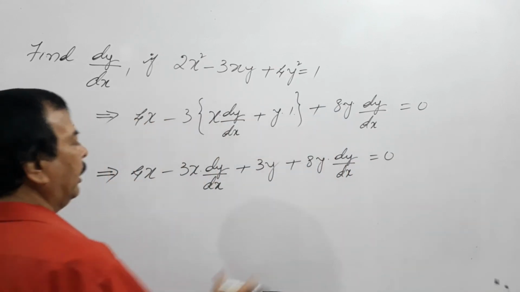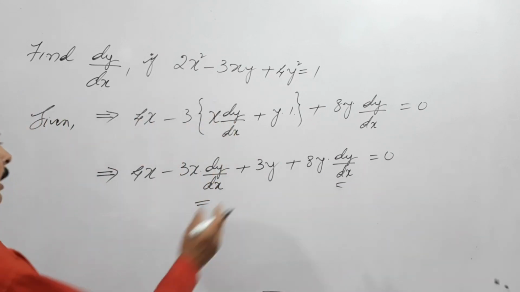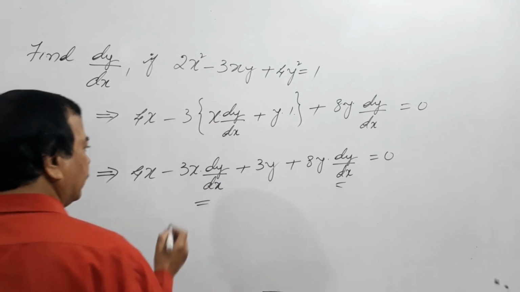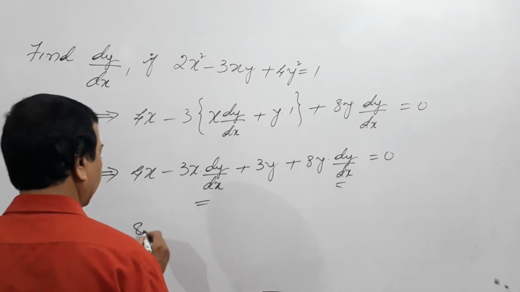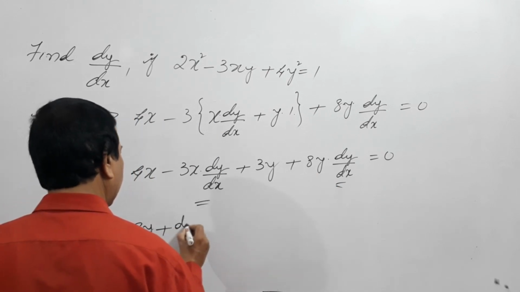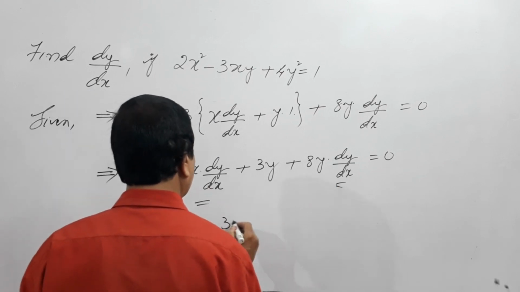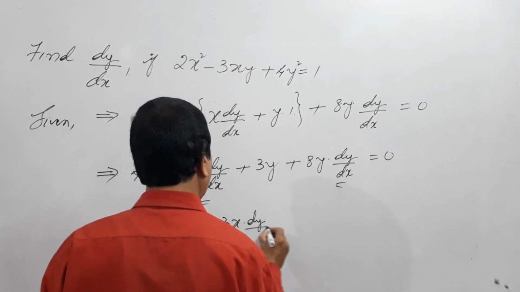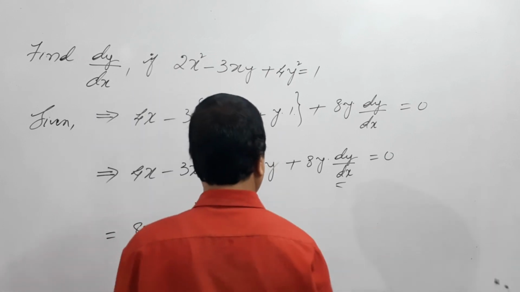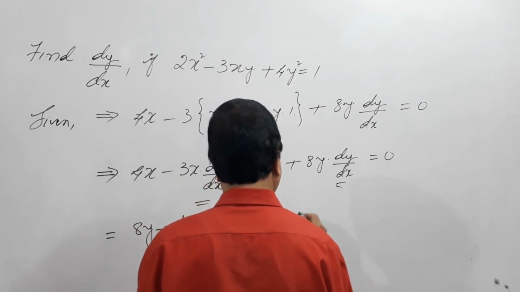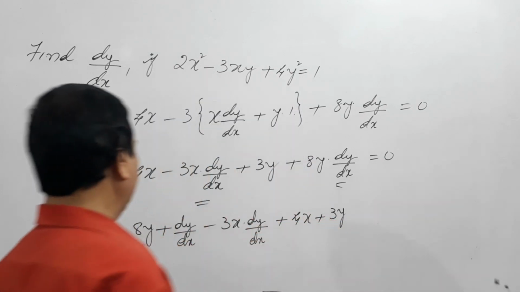So what I will try to do, I will try to group this dy by dx in such a way that, try to group this dy by dx, that is 8y dy by dx minus 3x dy by dx equals to, we have 4x here, plus 4x plus 3y.